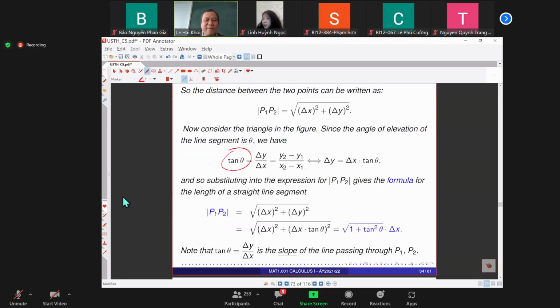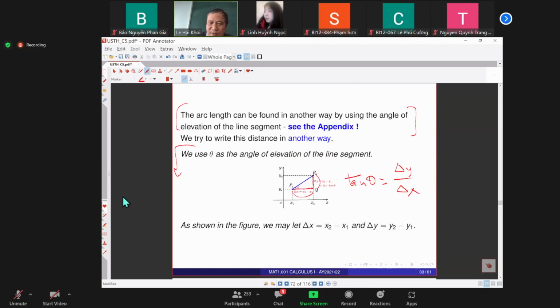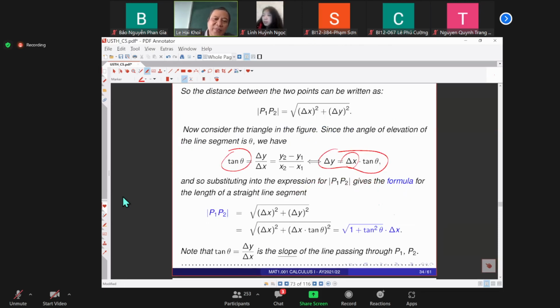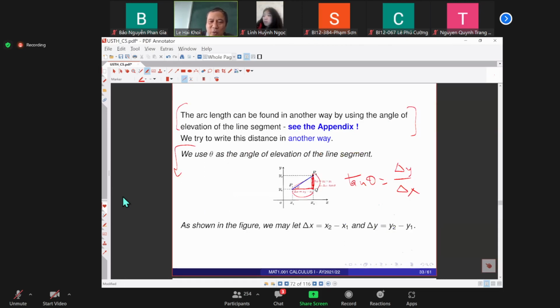And from this, we can have delta y, the distance from that point to that point, is delta x times tangent. So using the formula, that distance is the square root of delta x squared plus delta y squared.